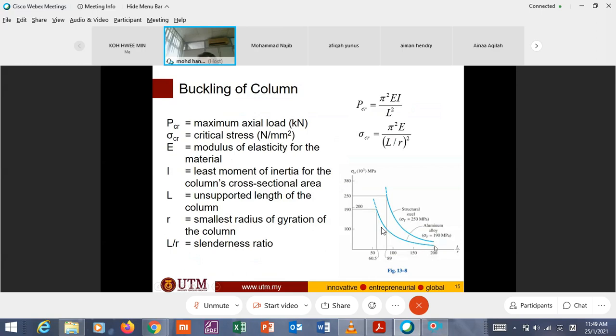If it is too slender, too long, or too thin, then the critical buckling will be very much lower. Very much lower, but it is infinity here. So this is the typical curve with a numerical example.